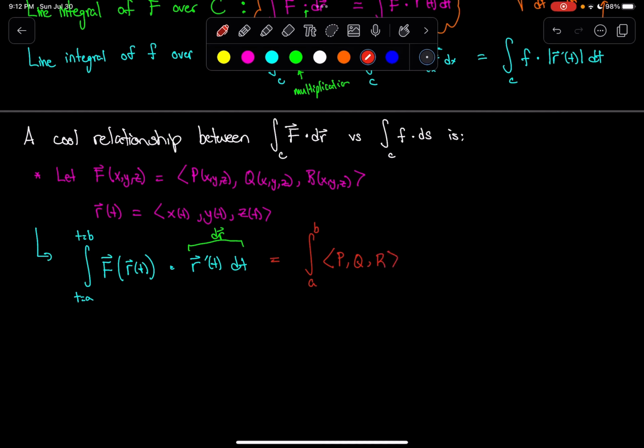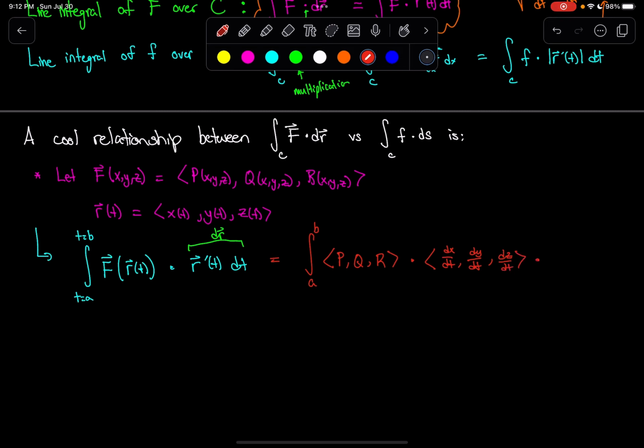Technically, they're all parameterized in terms of t. That's our vector field. And then dot, what does r prime look like? Well, since we have x, y, and z, the derivative of all those individually would just be dx dt, dy dt, and dz dt.